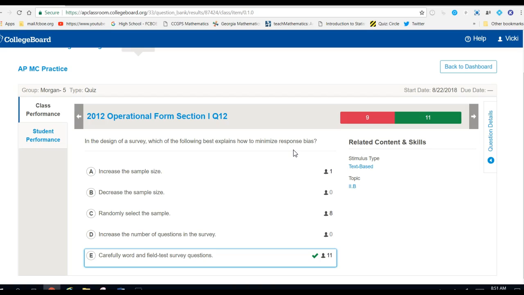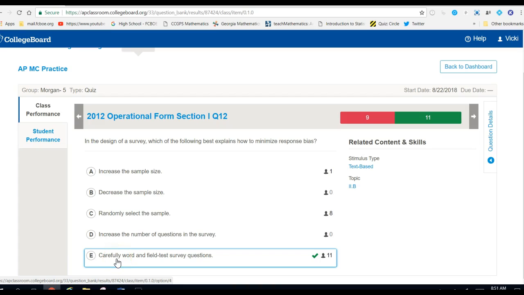It has nothing to do with the sample itself and how that was created. It has to do with what's happening after the sample has been created. So it has nothing to do with the sample size. So A and B have to do with that. Randomly selecting the sample, again, is a non-sampling error. And increase the number of questions in the survey. This one, you might have thought, well, maybe that would work.